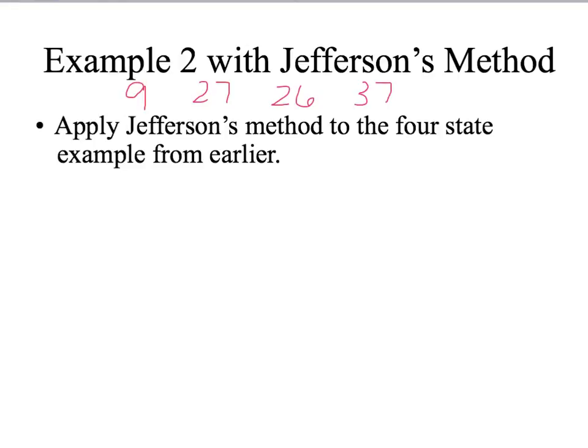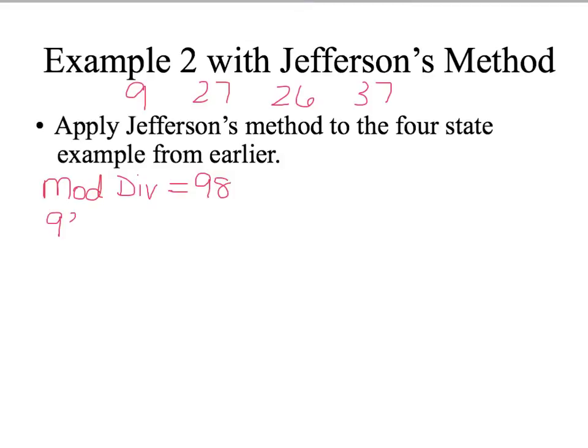So Jefferson finds a modified divisor, and then from there he finds new modified quotas. And it's just a trial and error thing. I just moved my standard divisor of 100 down to 98, and I found that that worked. Like I said, it is just trial and error.